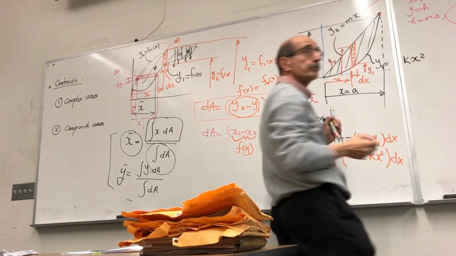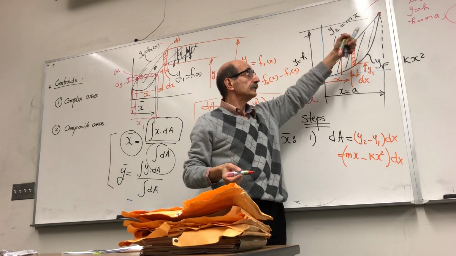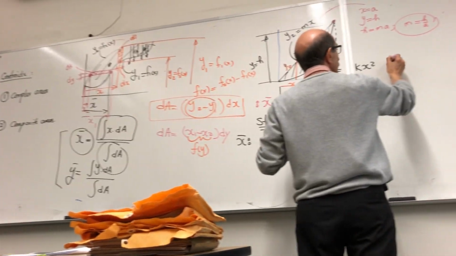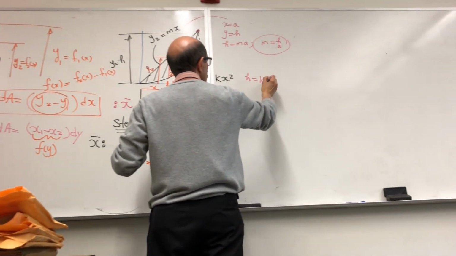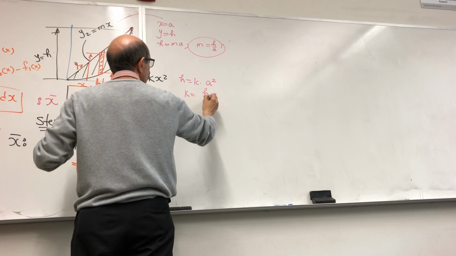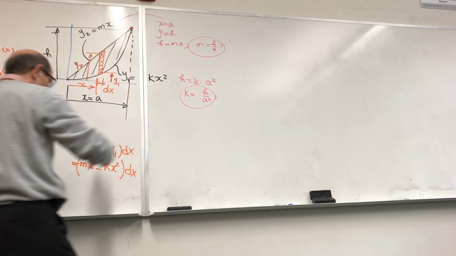If you substitute that point into the other function, you get h equal to k a squared, or k is h over a squared. So we have those values.